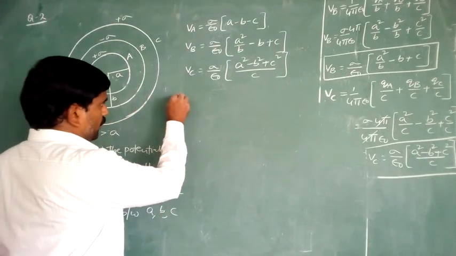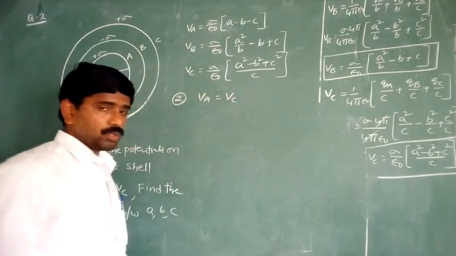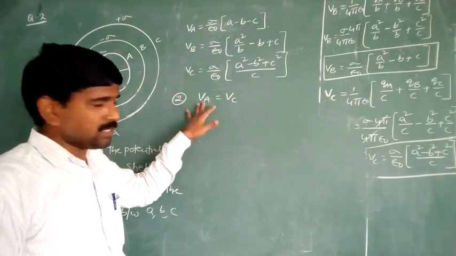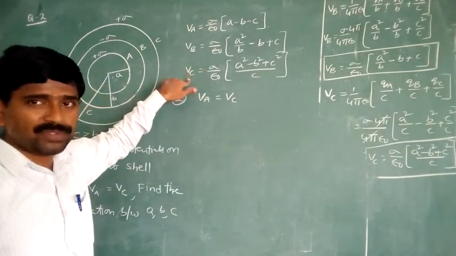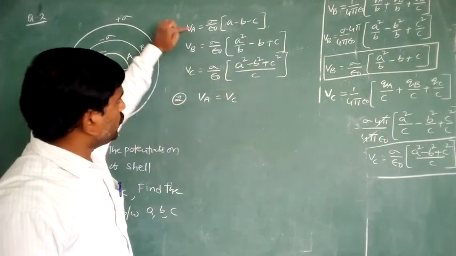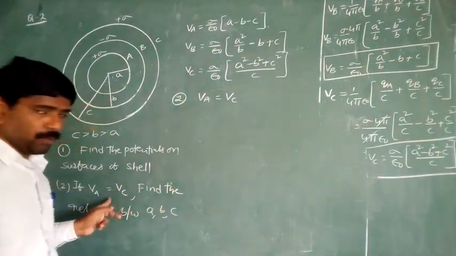They given Va is equal to Vc. Already we found the potential on the surface of the first shell, the second shell, and the third shell. So here Va is equal to Vc means these two values are equal according to the given problem.